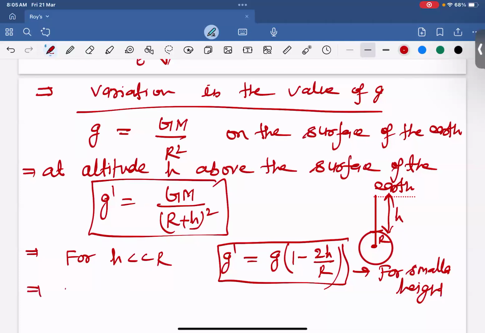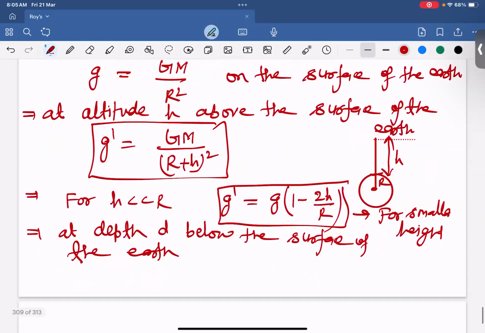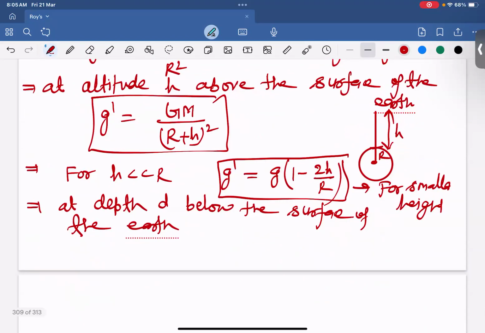If you go at depth d below the surface of the Earth, like if I take this as the Earth here, and from here we are going to this point, this is the d.